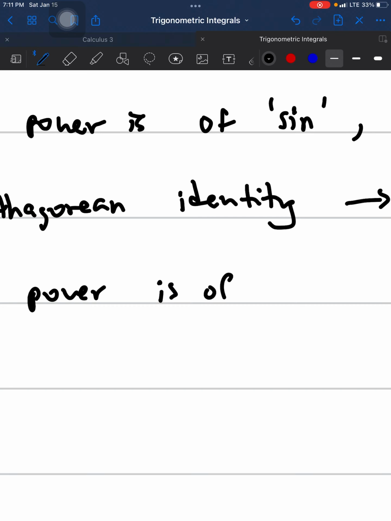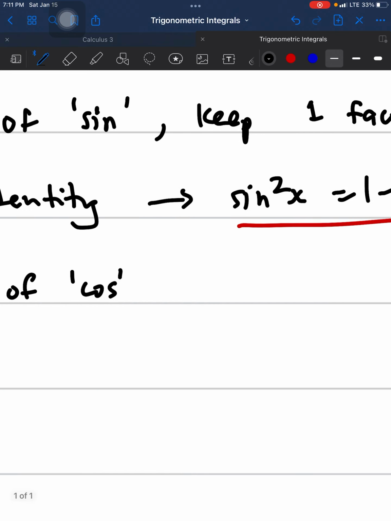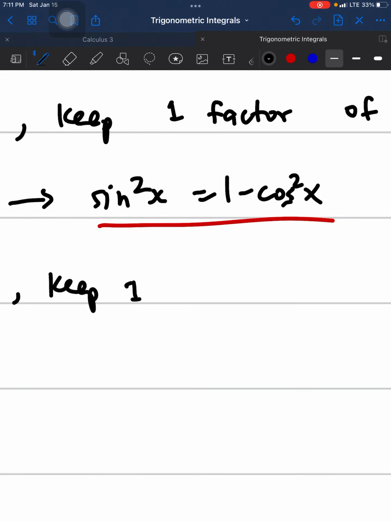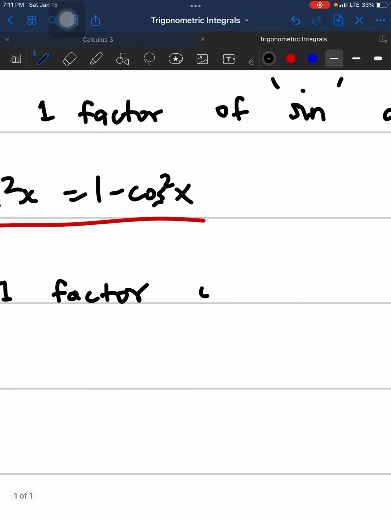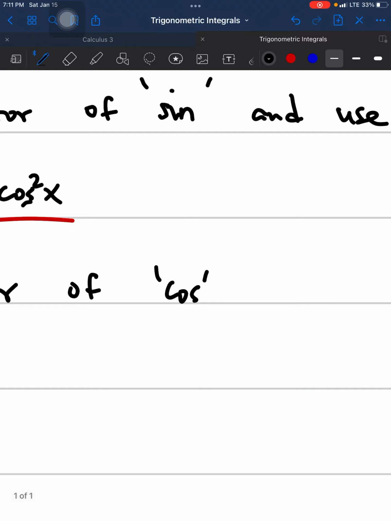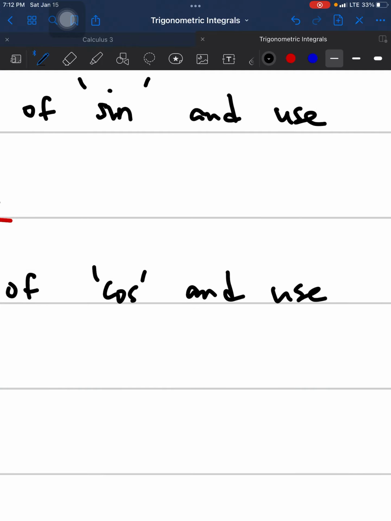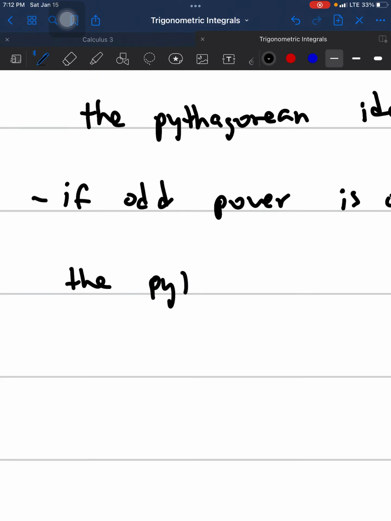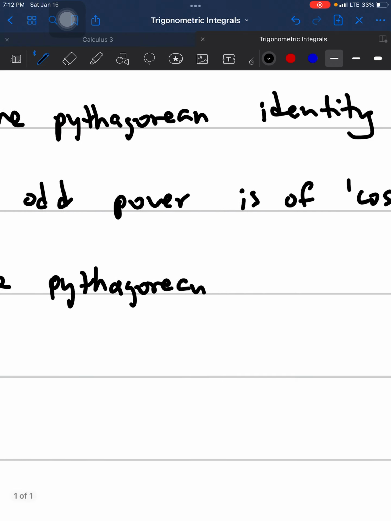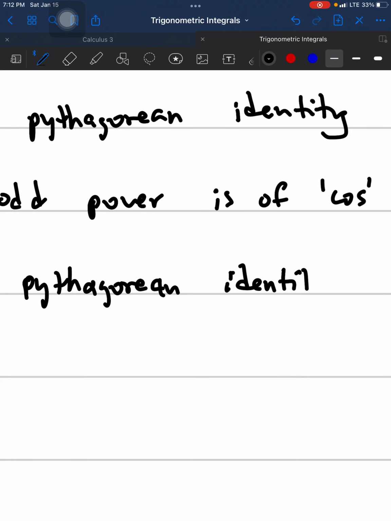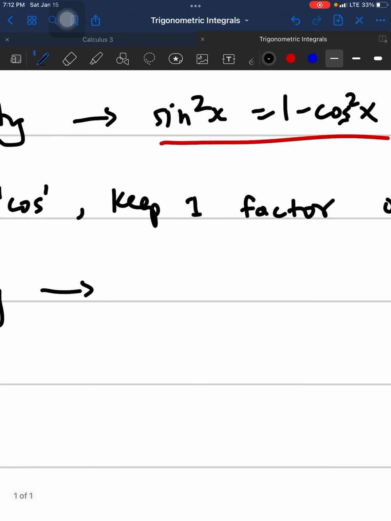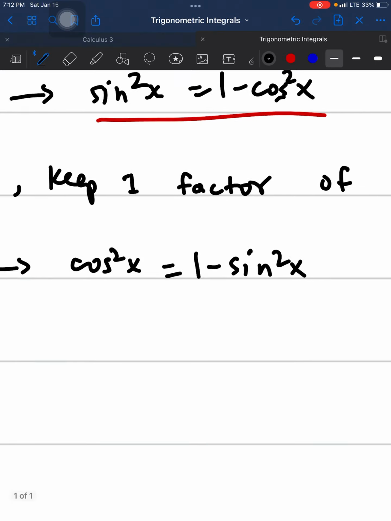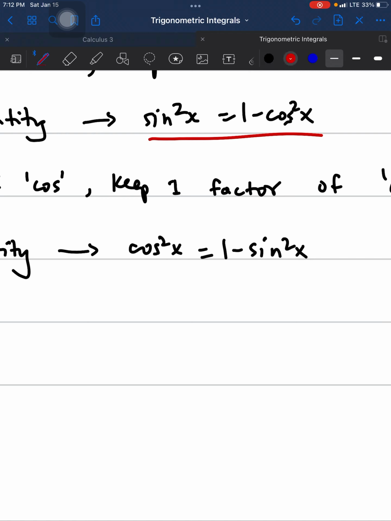But if cosine has the odd power, what we have to do is keep one factor of cosine and use the Pythagorean identity cosine squared x is equal to 1 minus sine squared x.